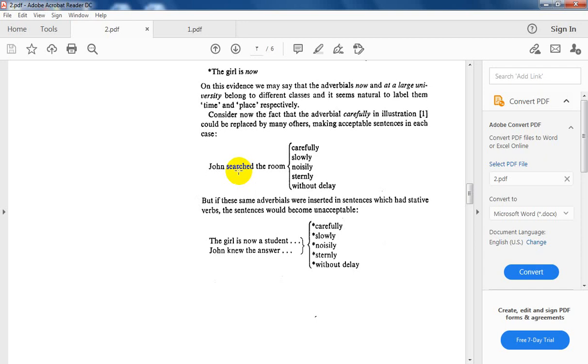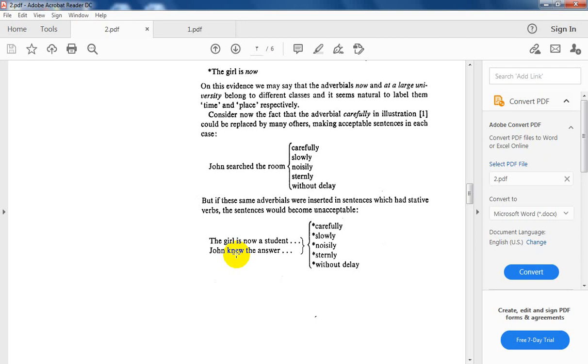But look at this one. Can I admit or apply these adverbs to such a verb? The girl is. We agreed that it is stative. No action, no activity. We said the verb is stative and does not accept ing. Okay, it is a mental verb.